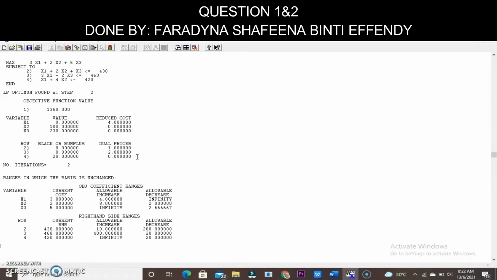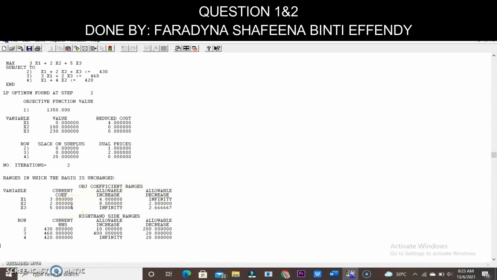A unit change in operation B capacity changes z by 2 ringgit, and a unit change in operation C capacity changes z by 0 ringgit. Here is the optimality range for lollipop, bubblegum, and jelly bean. X1 is lollipop, x2 is bubblegum, x3 is jelly bean. For lollipop, the current coefficient is 3, and the optimality range is from negative infinity to 4.